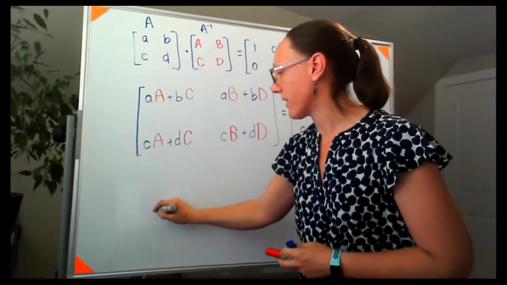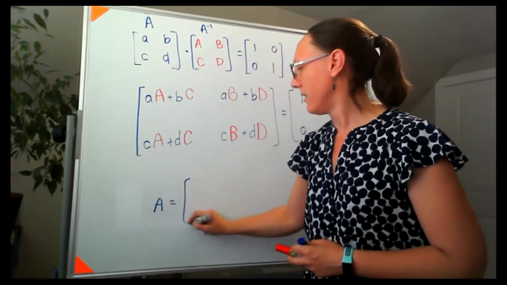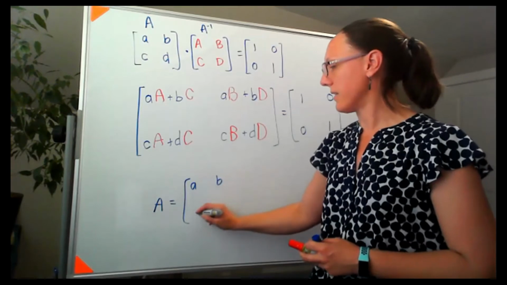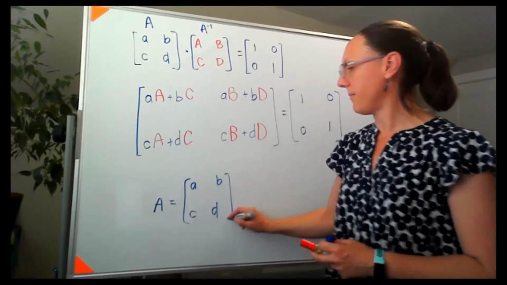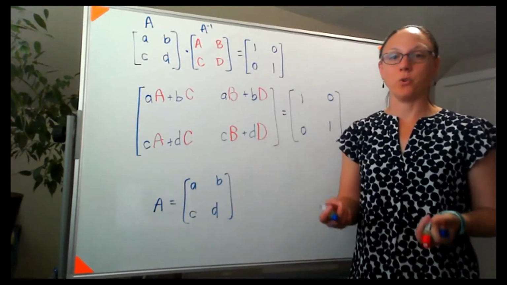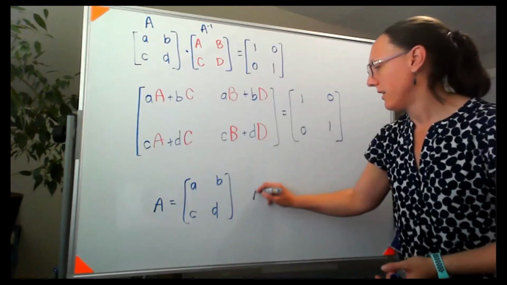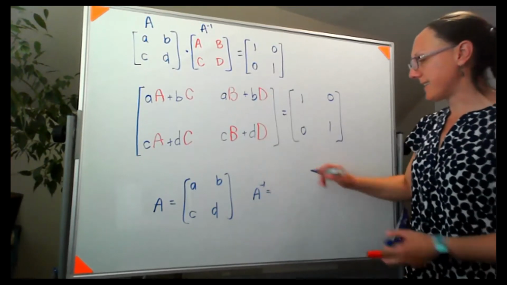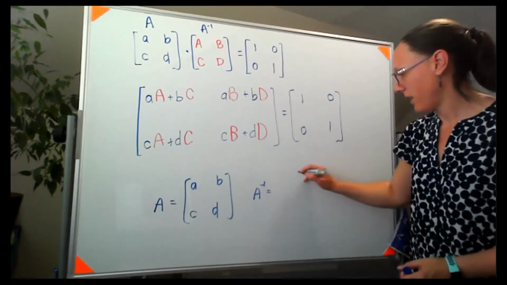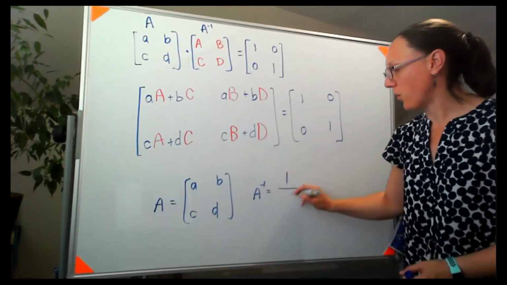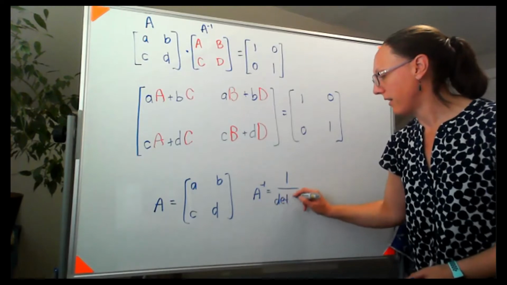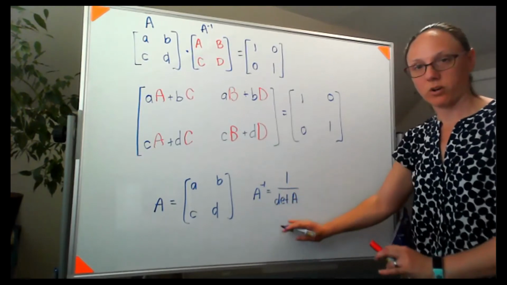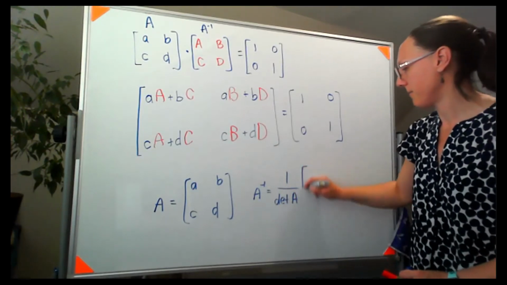If I have a matrix A, B, C, D, and specifically for a 2 by 2 matrix, then A inverse is equal to, and I'm going to write this as 1 over the determinant of A, just we'll come back to what that determinant is.